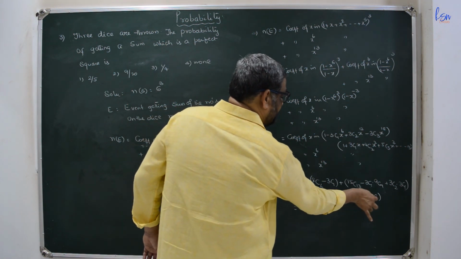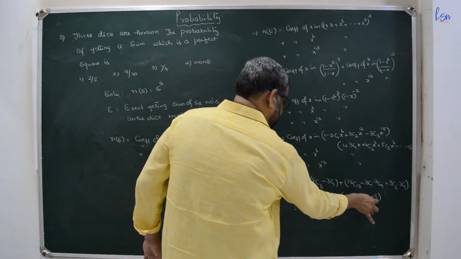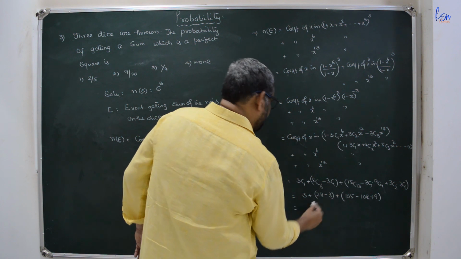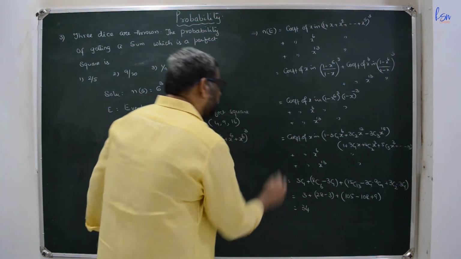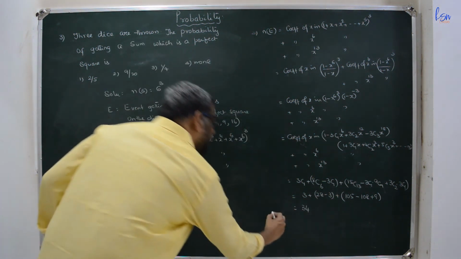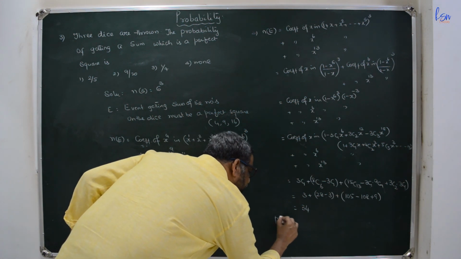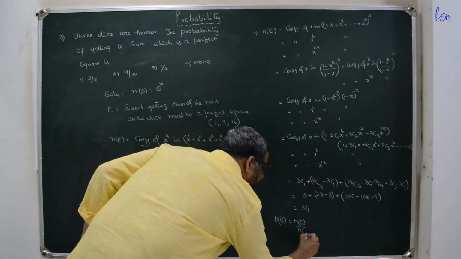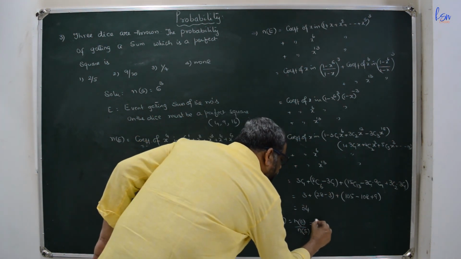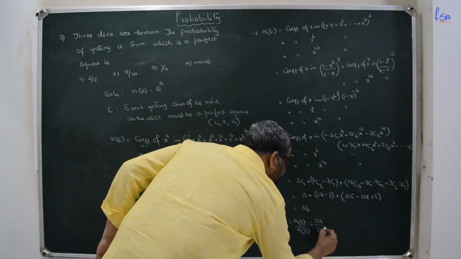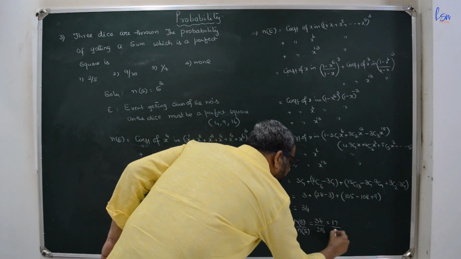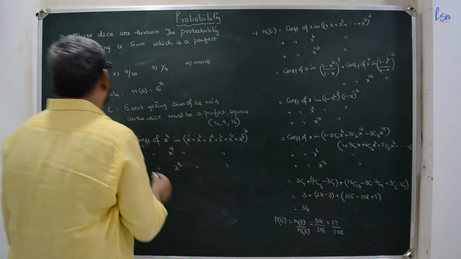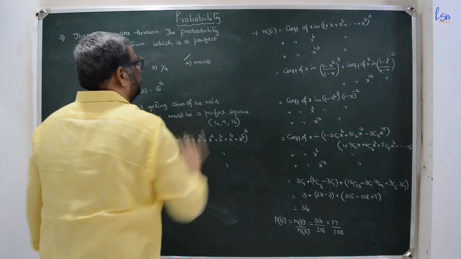This is minus 3 plus 6 minus 3 plus 9, 6, 9, 9 plus 25, 34. So this is n(E). Now P(E) is equal to n(E) by n(S). So 34 by 216, 17 by 108 is the answer. Here, none, the fourth option.